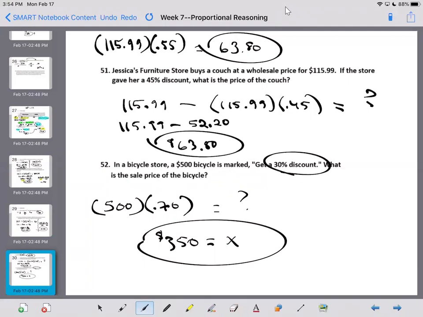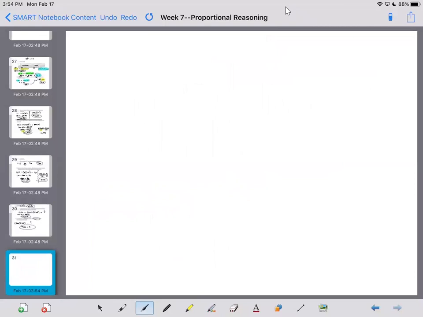So those are just some different examples of discount, tax, and let's just look at one more, just make one up on the spot here. So if $85.62 was my total bill, and I want to leave a 15% tip, and let's say the sales tax is 11%.